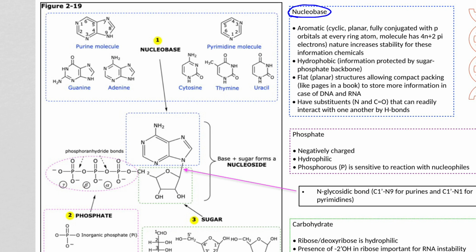A nucleobase could be a larger purine or a smaller pyrimidine. So the 2 major purine nucleobases are guanine and adenine, and the 3 important smaller pyrimidine nucleobases are cytosine, thymine, and uracil. So this is your G, this is your A, this is your C, your T, and your U.